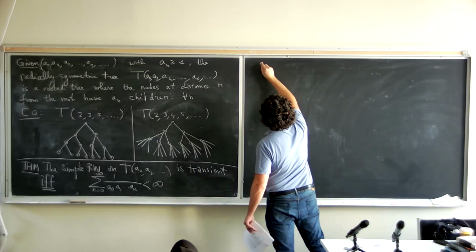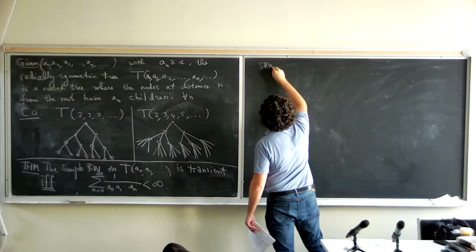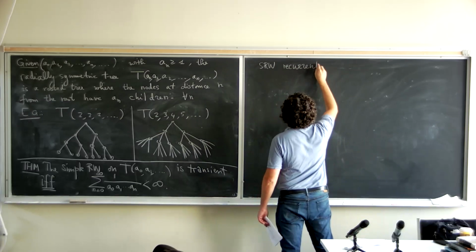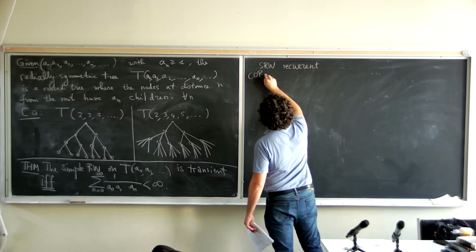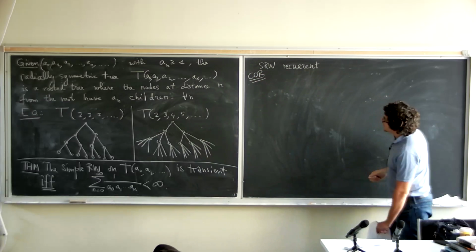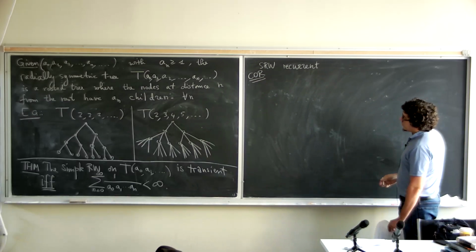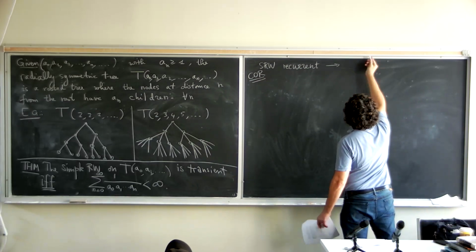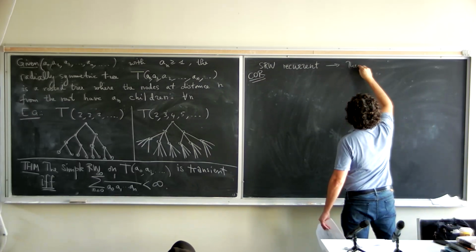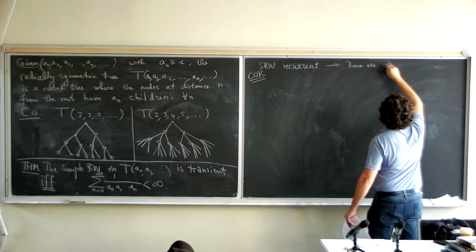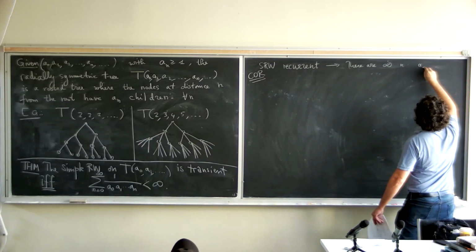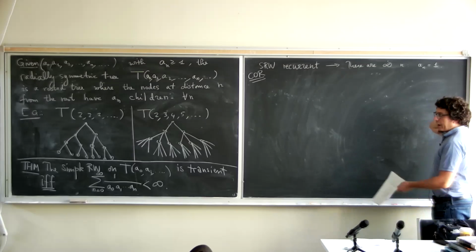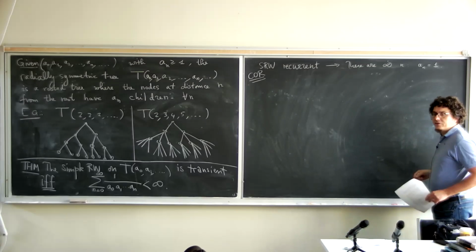In fact, if the simple random walk is recurrent, as a corollary, definitely there are infinitely many n's such that an equals 1, because otherwise there have to be at least 2, and then you would have a geometric series.